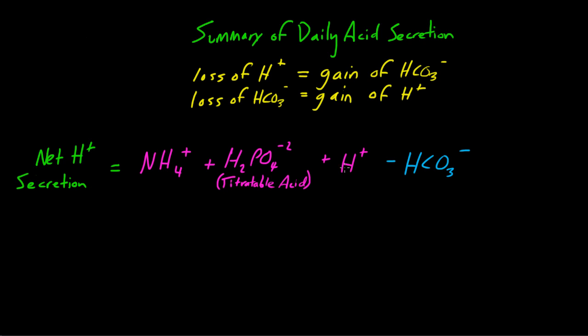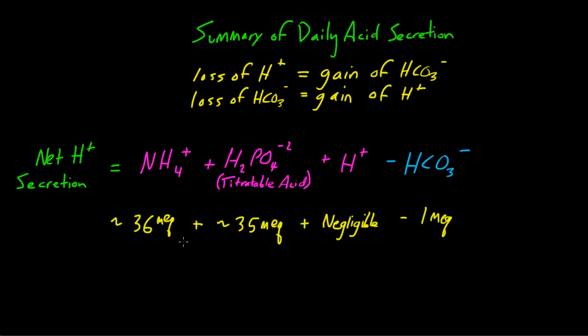And then, there's some hydrogen ion that is dissolved in the urine, and that's what directly affects the pH. So those will add up to give us how much net acid is being secreted, but also keep in mind if there's any bicarbonate that's lost in the urine. So if we're wasting bicarbonate in the urine, that represents a gain of hydrogen ions to the body. So I've added on approximate calculations for each of these values.